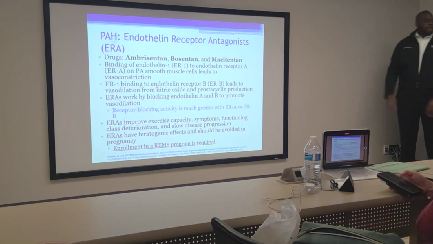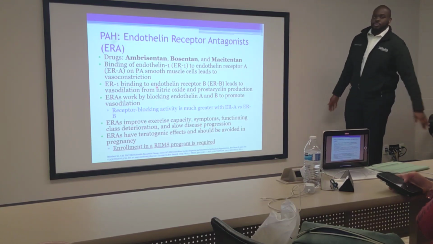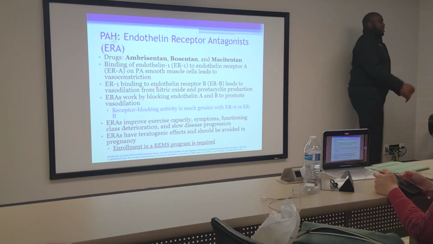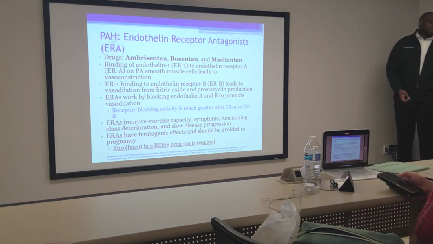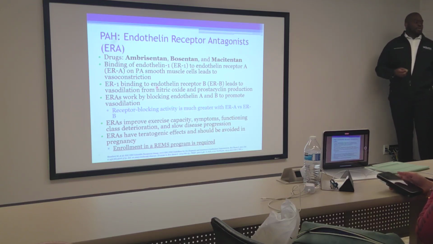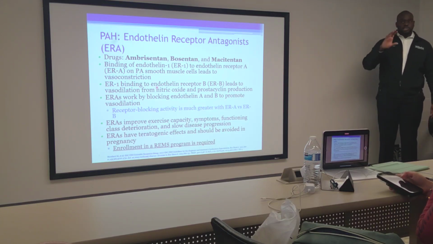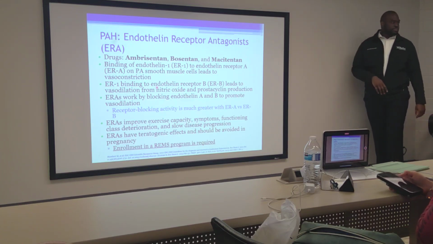All right, now we have our ERAs, our endothelin receptor antagonists. The three drugs in this class include ambrisentan, bosentan, and macitentan. Note how it works: you have your endothelin-1, ET-1, that usually binds to your ERA, which is endothelin receptor A, which leads to vasoconstriction of the pulmonary vasculature, those smooth muscle cells.